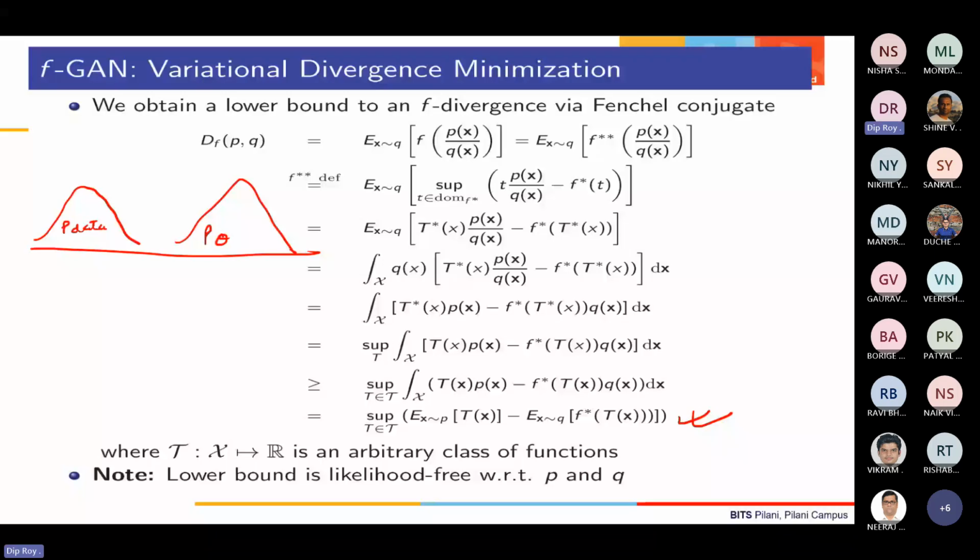But because the two are disjoint, the model is not able to get any signals, and we are not able to train properly.